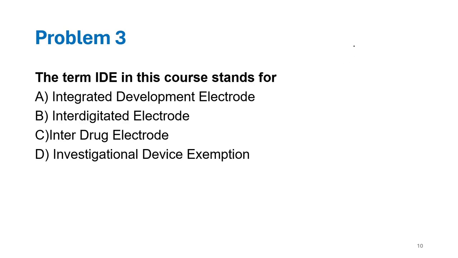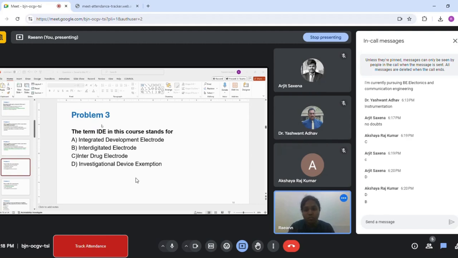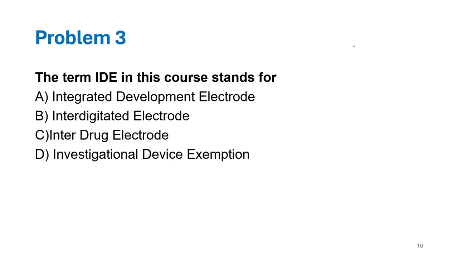Okay. So the answer is B. Interdigitated electrode. So what is an IDE? An IDE looks like this, right?